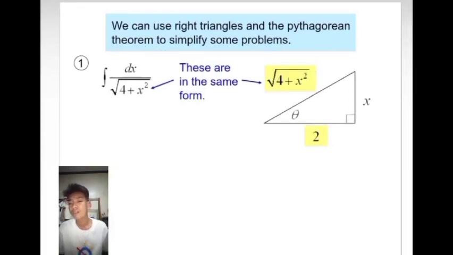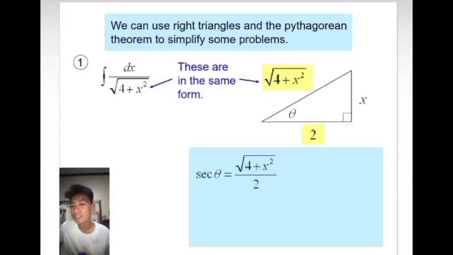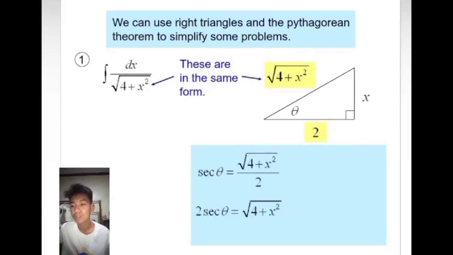Then substitute the value of a, which becomes 2, and the hypotenuse is the square root of 4 plus x squared. Now, secant theta is equal to the square root of 4 plus x squared over 2. 2 secant theta is equal to the square root of 4 plus x squared.